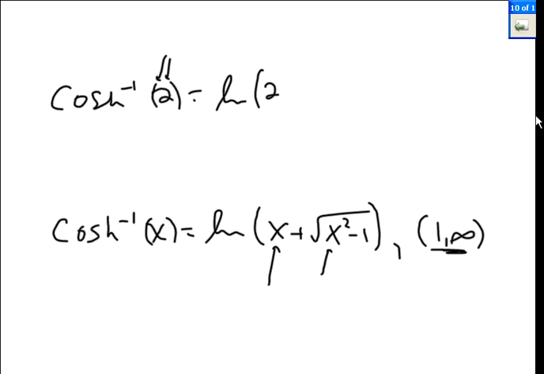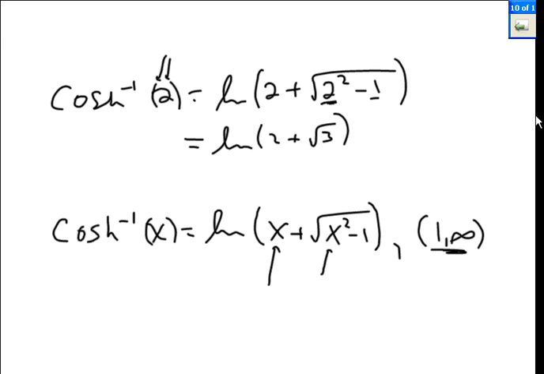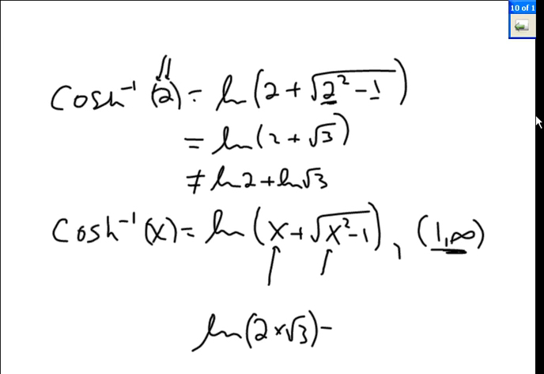Okay, ln of 2 plus the square root of 2 squared minus 1. ln of 2 plus the square root of 4 minus 1, which is 3. And there's your exact answer. It's ln of that. Remember, this is not ln of 2 plus ln of square root of 3. If you had ln of 2 times the square root of 3, that's ln of 2 plus ln of square root of 3.